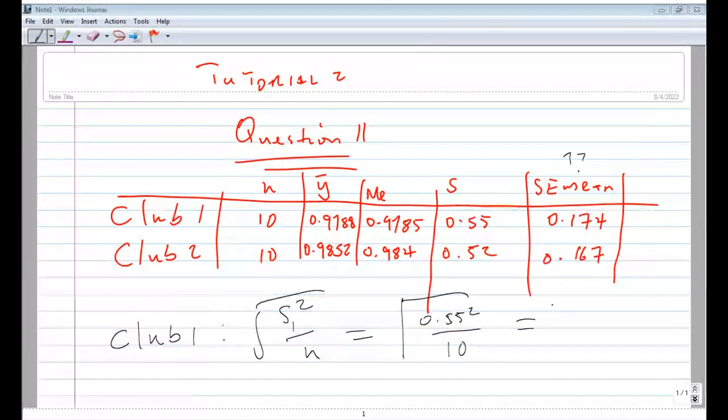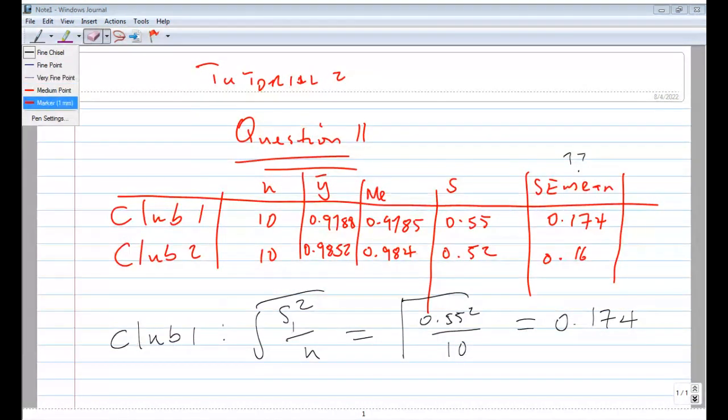There is 0.176, so I think it's a matter of rounding. It's supposed to be 0.174, something like that. You can do the same for this one, 0.164. Okay, so now it's clear.